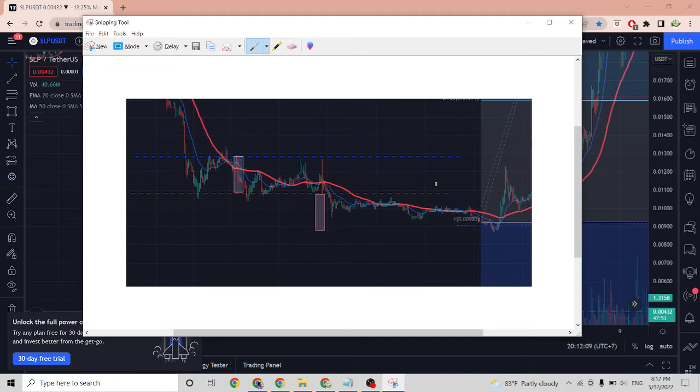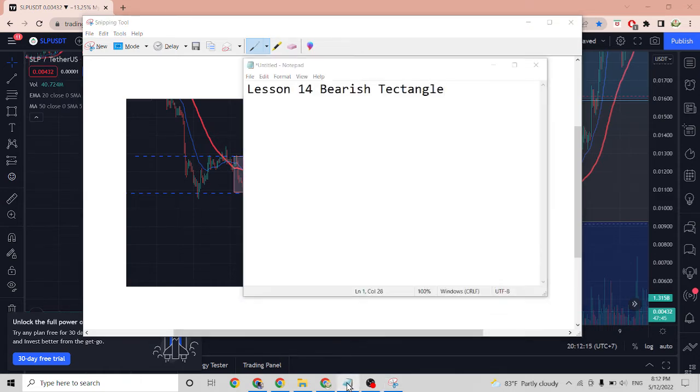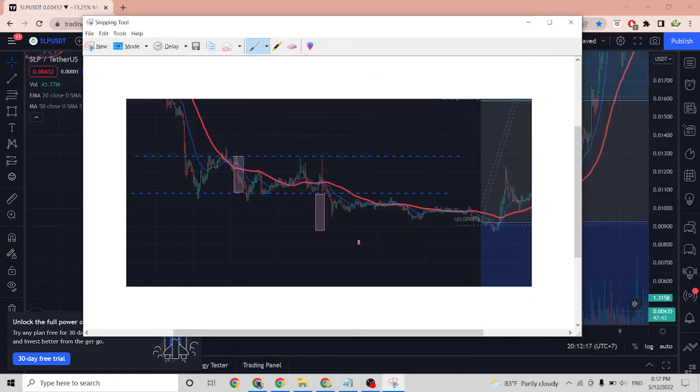And how to use it? This bearish rectangle is important because we use it to know where to start buying again.